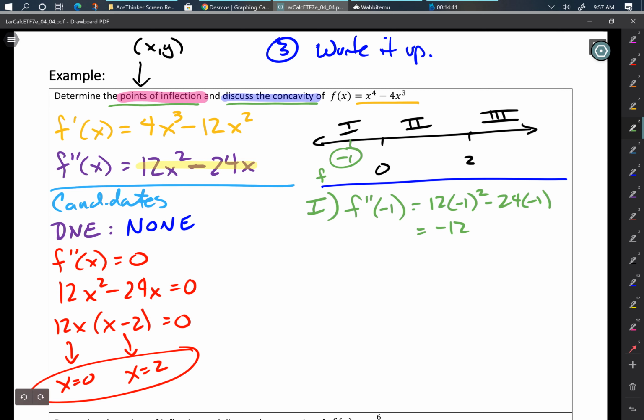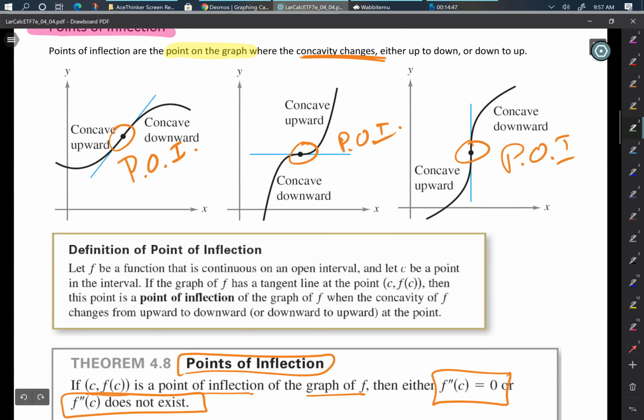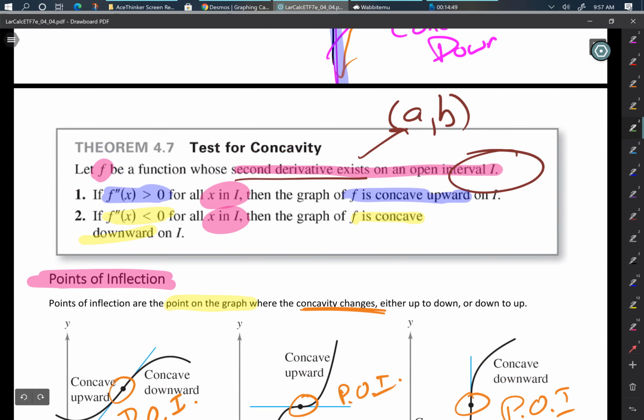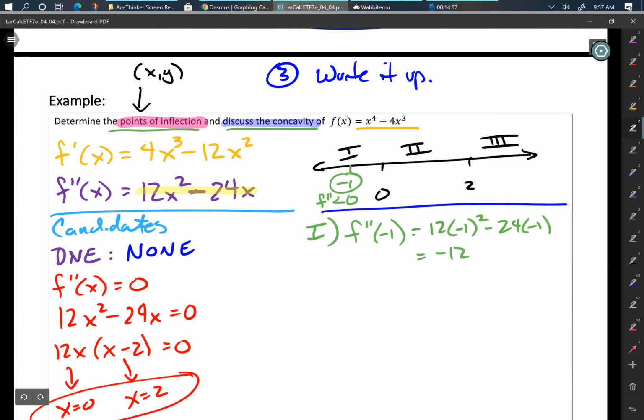That means that f double prime is less than 0. Now, according to the definition way back up here, second derivative negative means it is concave downward on that interval. So what we just showed is that the first interval there, left of 0, is the graph being concave downward.